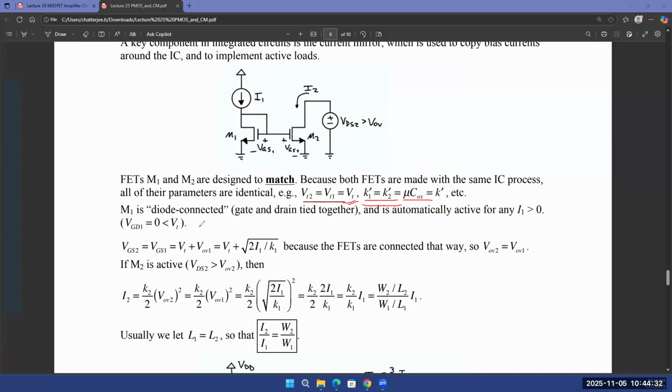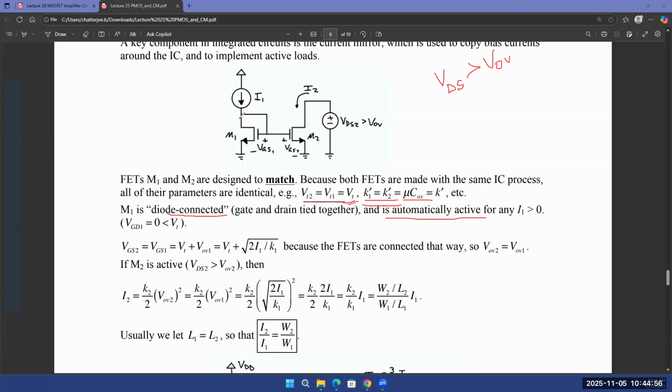We also discussed in the last lecture why, if the M1 transistor is diode connected, it is automatically in the active region all the time. If any transistor is diode connected, it is automatically in the active or saturation region. That's simply because the condition for saturation is that your VDS needs to be greater than V overdrive.